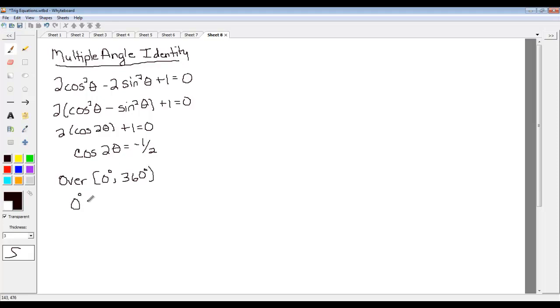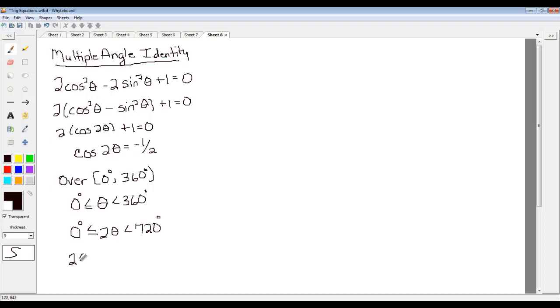Okay, so theta falls from 0 to 360. But we've got 2 theta in there, so if we times by 2, 2 theta falls from 0 to 720. Times everything through by 2 there. So let's see. Cosine 2 theta equals -1/2.